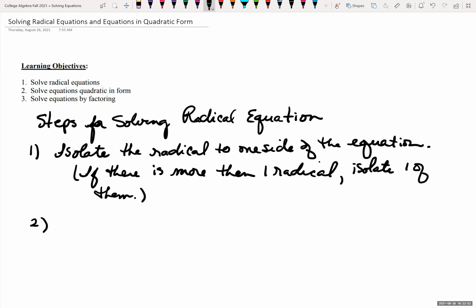So once we've isolated that radical, we can clear that radical that we isolated by raising both sides of our equation by the index of that radical. So just to recall terminology, if you had the nth root of b, this number inside here is called the index.